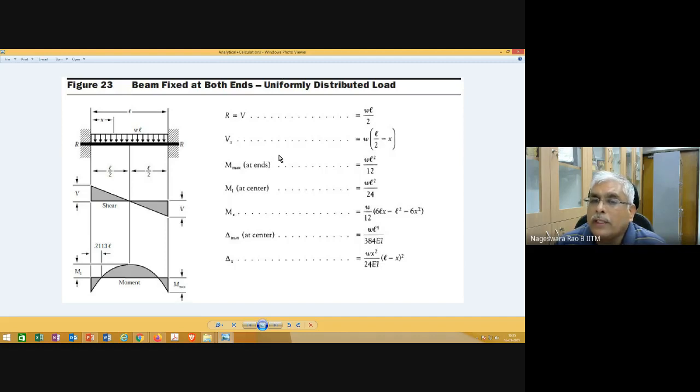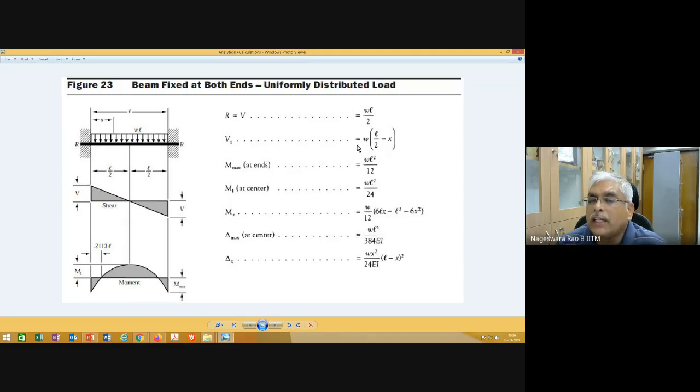So now you have these relations: shear force at any point in terms of X, bending moment at any point in terms of X, displacement at any point along the length of the beam in terms of X. So now we got a relation between S and X. S is equal to X divided by L, or X is equal to S times L.